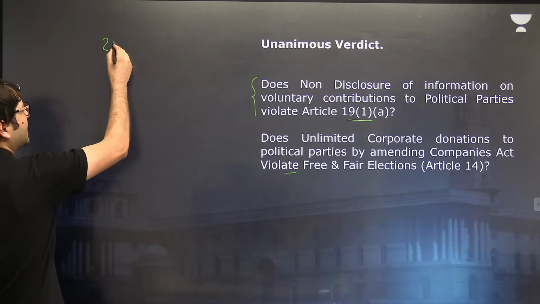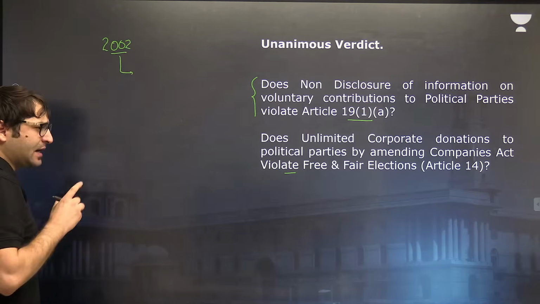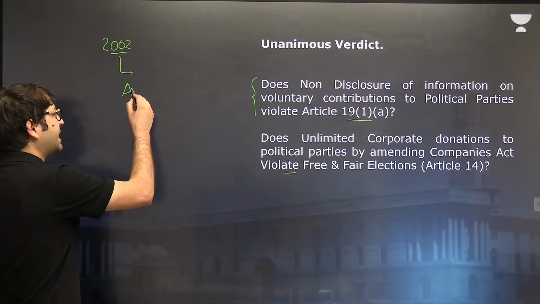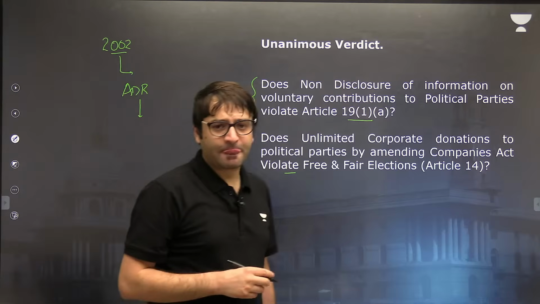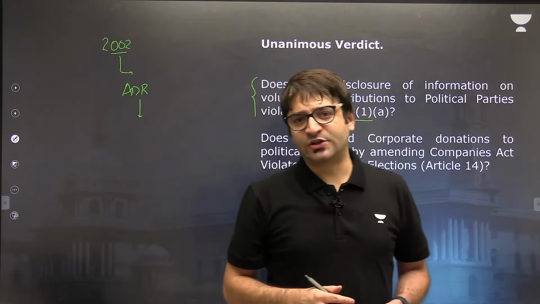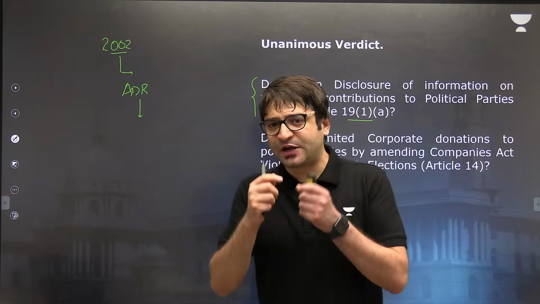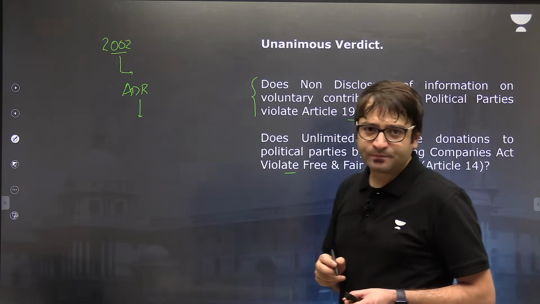The year was 2002. The same non-governmental organization, Association for Democratic Reforms, approached the Supreme Court, asked a question: dear Supreme Court, do we have freedom of speech and expression under Article 19(1)(a) of the Constitution?